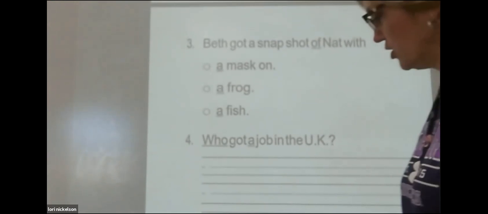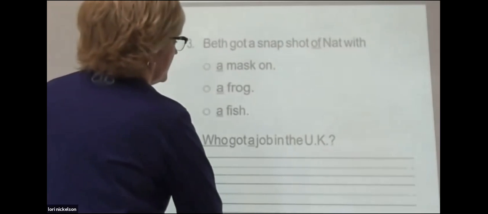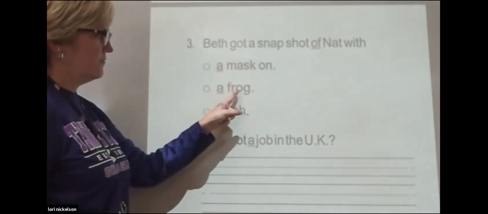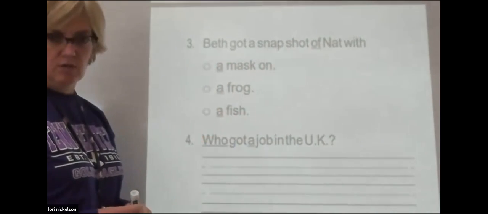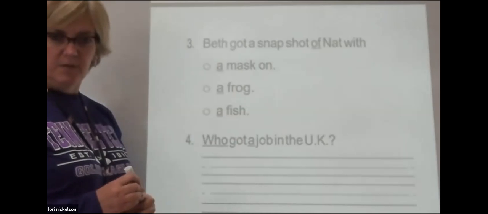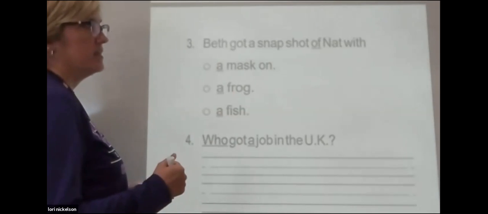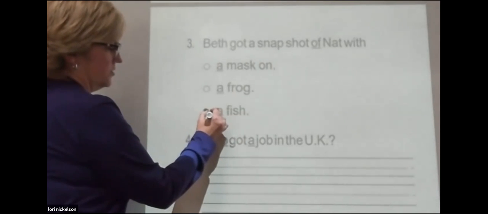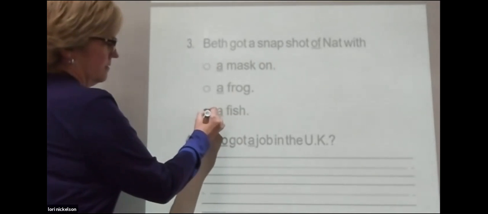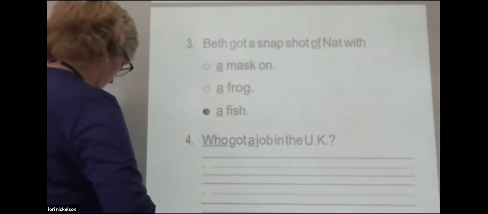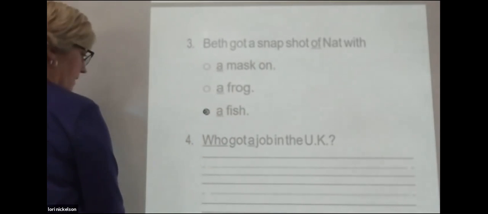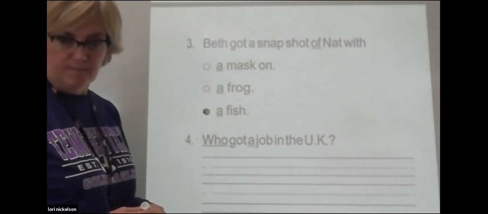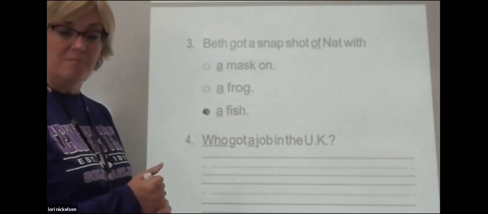Our number 3 question says, Beth got a snapshot of Nat with a mask on, a frog, or a fish. What did she take a picture of Nat doing? He was fishing. It's fish that he caught. So you're going to color in fish. Good. And question 4, who got a job in the UK? Nat's mom.